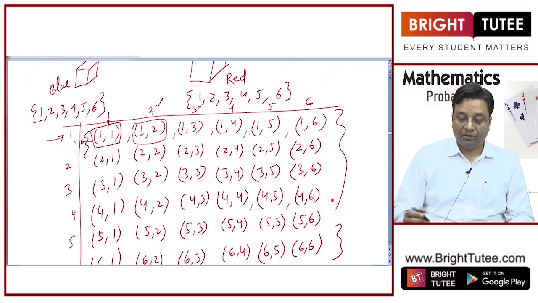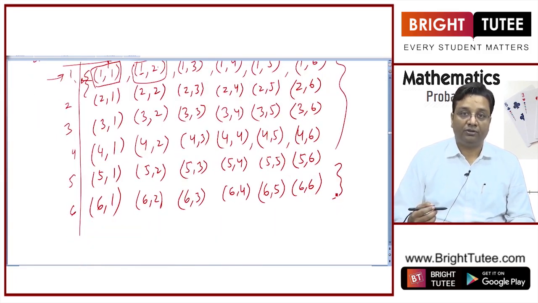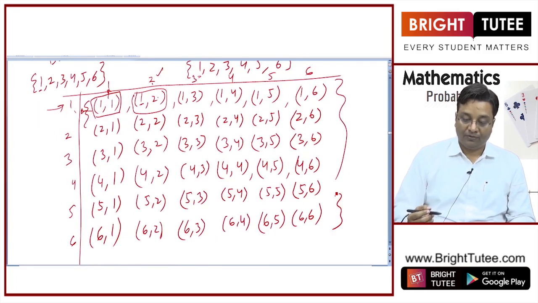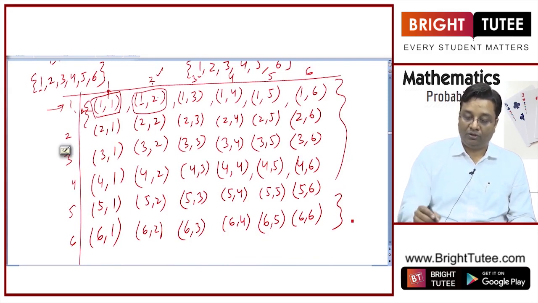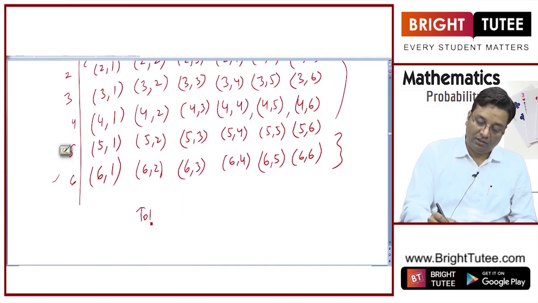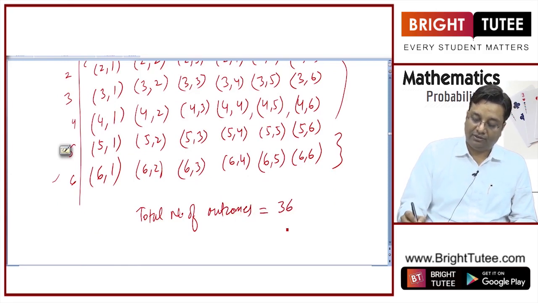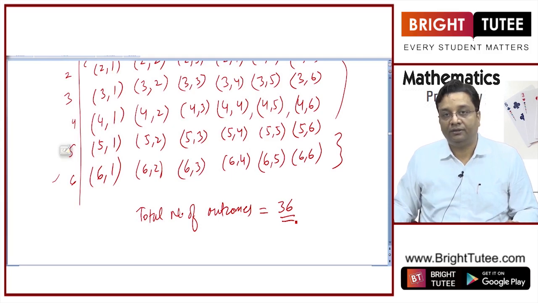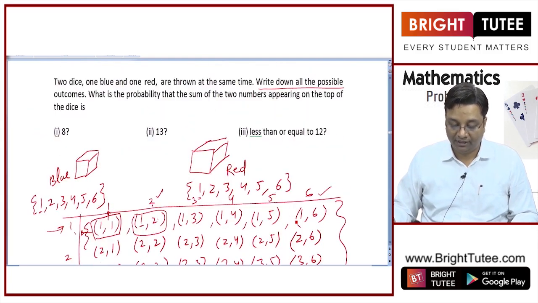So, these are the total possible outcomes. What is the total number here? If you count this manually, or you can do 6 into 6, the total number of outcomes is equal to 36, right. So, this is how you will write these outcomes.